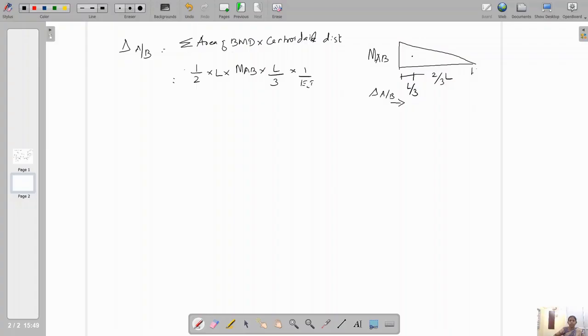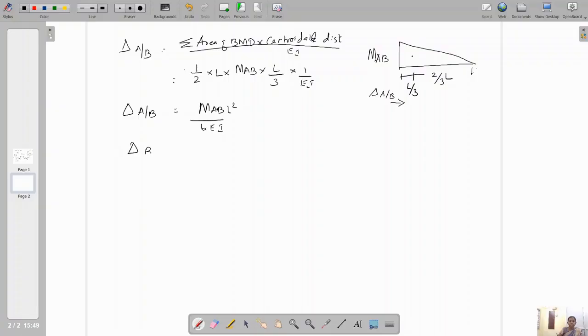So the basic equation: area of BMD into centroidal distance divided by EI. So MAB L square by 6EI is delta A by B.